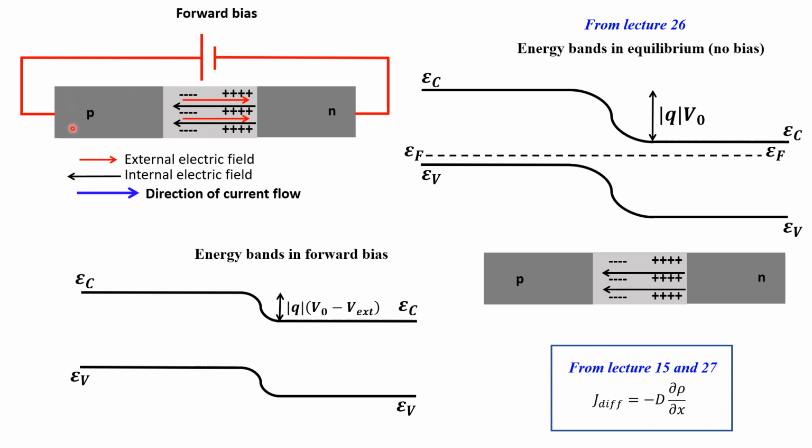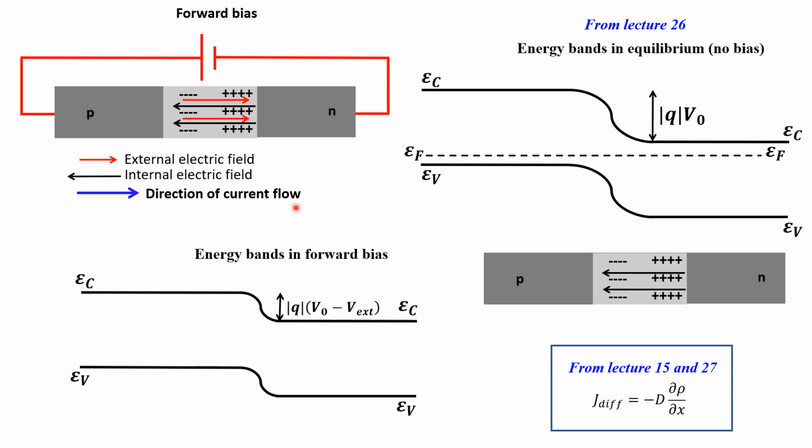And also we have a high concentration of holes in the P side and a low concentration of holes in the N side. So the gradient is high. So the diffusion current, both of holes and of electrons, is very high in a PN junction in forward bias. In other words, we should expect that the current in forward bias is high.